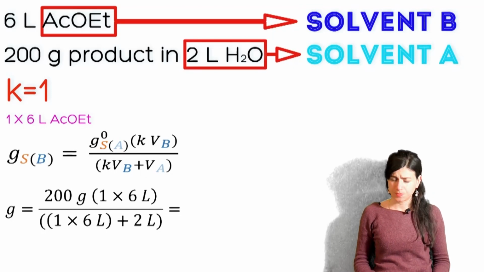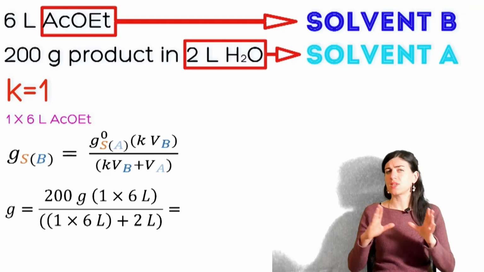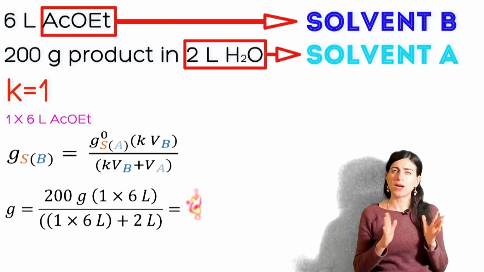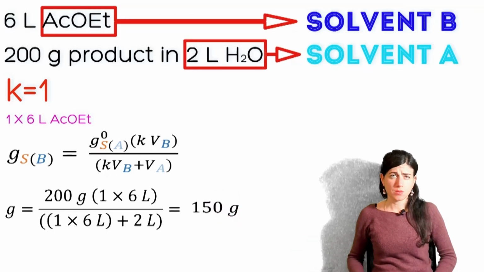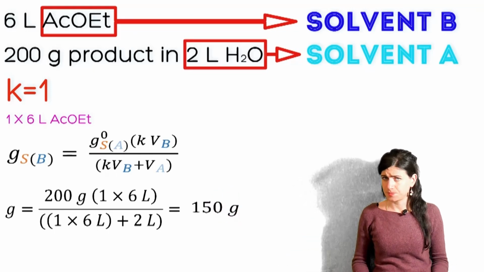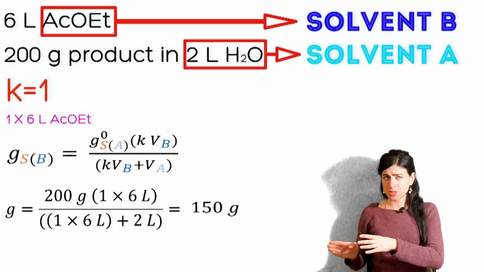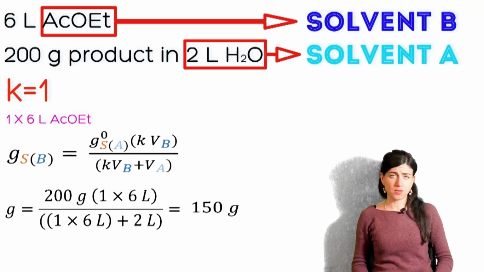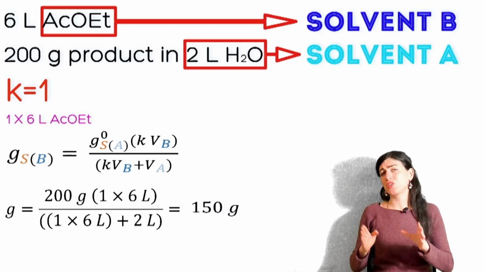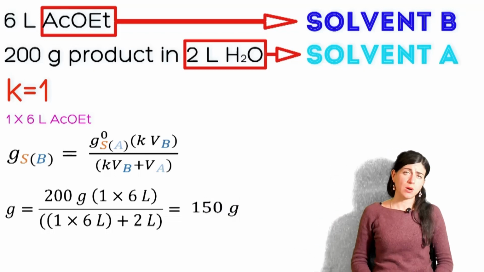What do we get? We find that from the first extraction we will gain 150 grams of our solute in the solvent B, so in ethyl acetate. So out of the 200 grams, only 150 grams will transfer to the solvent B, while the remaining 50 grams will stay in the aqueous phase.